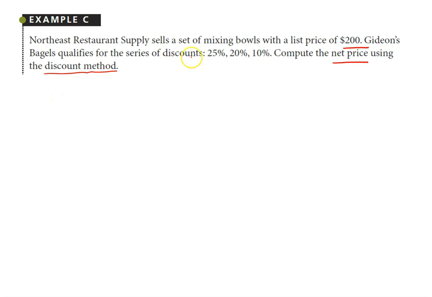And so the first thing I want to do is to take my list price of $200, and then I'm going to calculate the first discount. And the first discount is going to be on the first percent here. So we're going to separate these into three separate discounts. So I'm going to take 25% off of our $200.